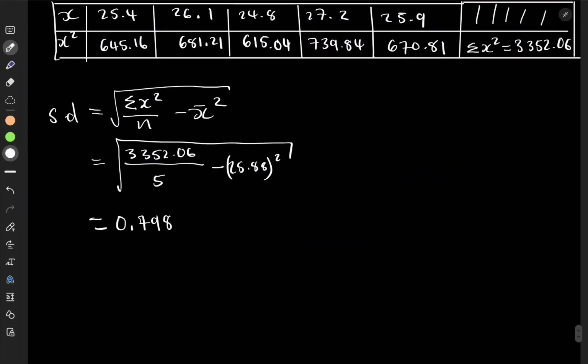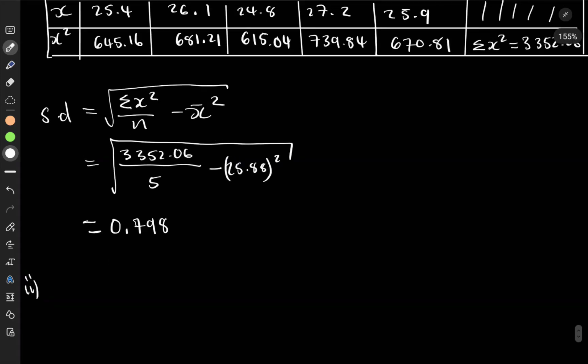So I have 25.4. My new value, instead of 25.4, I'm adding 1.5: 25.4 plus 1.5 gives 26.9. Then the other one, 26.1 plus 1.5 becomes 27.6.